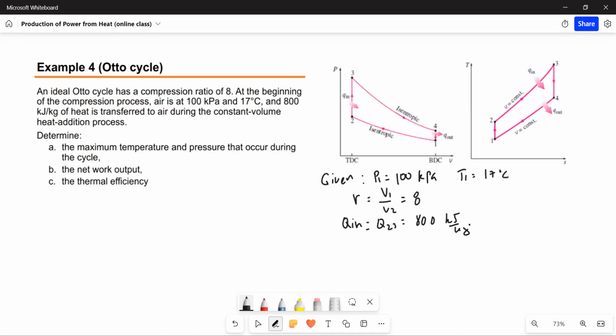And then our assumptions are that this is an air standard or an ideal Otto cycle, and air is an ideal gas.